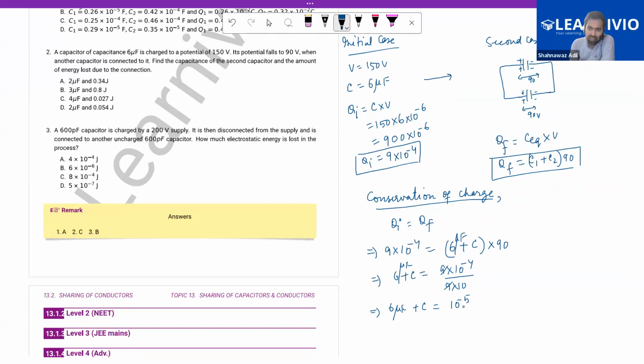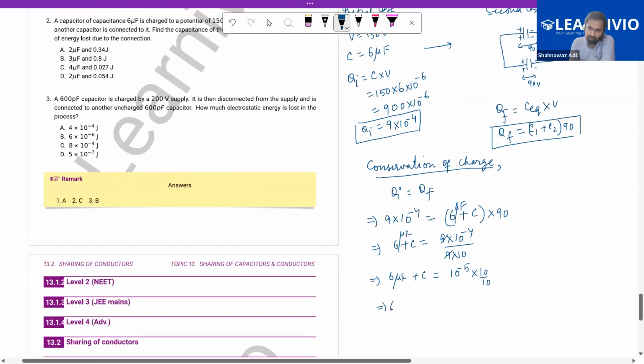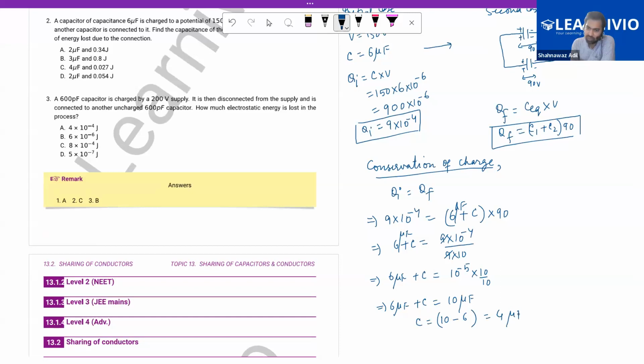To write it in terms of microfarad, I multiply by 10 divided by 10, so this is 10 microfarad. So C would be 10 minus 6, that is 4 microfarad. That is the unknown capacitance. Is it clear to you?